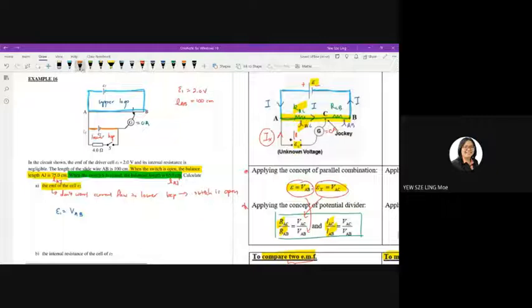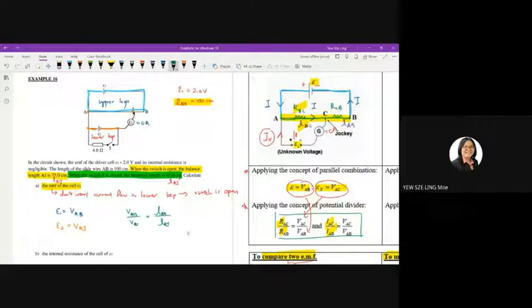So this EMF2 is parallel to point AJ. If it is parallel to AJ, we can say that EMF2 equals VAJ. And the information given is the length LAJ equals 75. In order to solve this question, we use the relationship VAB over VAJ equals LAB over LAJ.